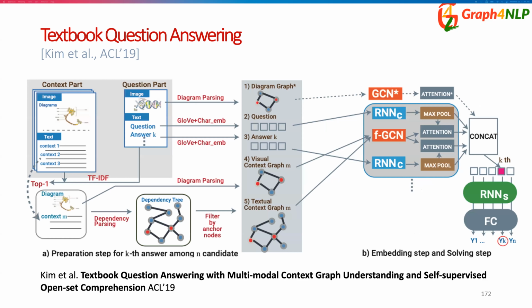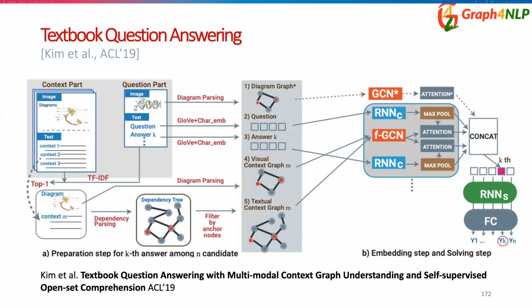So let's see how this particular work solves all those challenges. This is the overall architecture of this work, and it contains two steps. The first step is the preparation step, which is to find the case answer among n candidates. The context is determined by the TF-IDF score with the question and the case answer. Then the context is converted into a context graph.